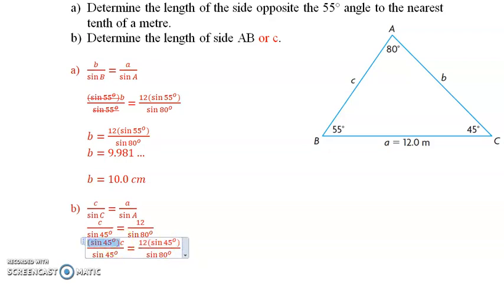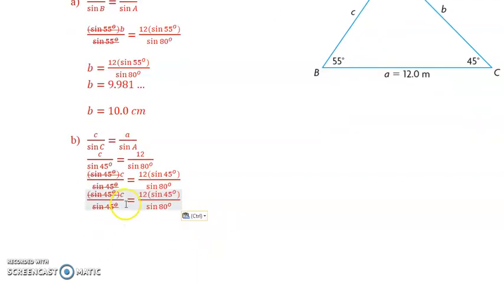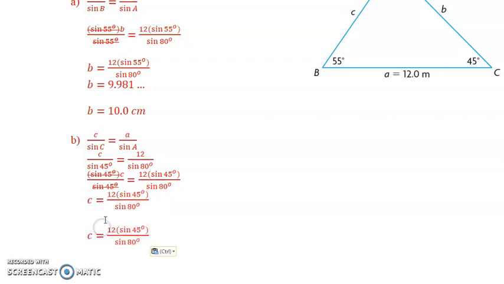And the reason we did that is so the sine of 45 would divide to be 1 and give us just c. And that would leave us with c equals 12 multiplied by the sine of 45 divided by the sine of 80. All right.